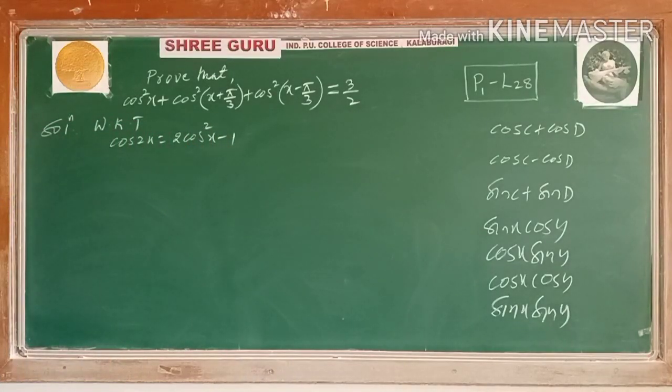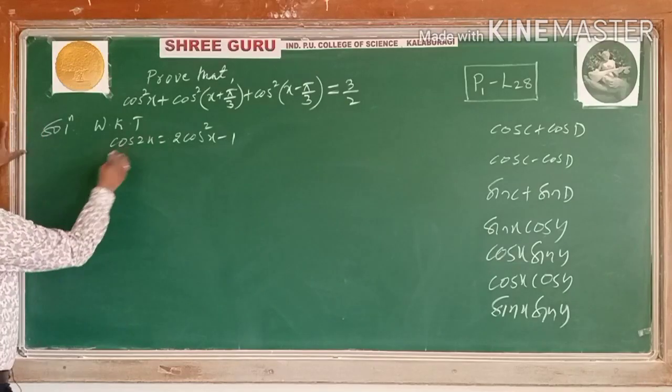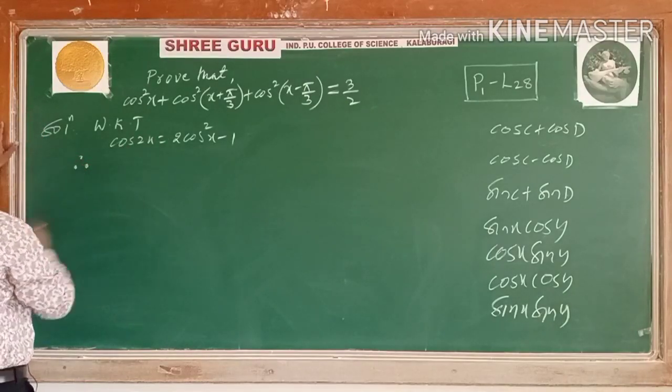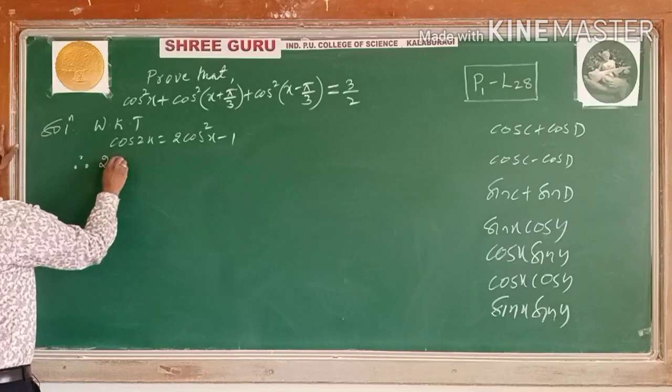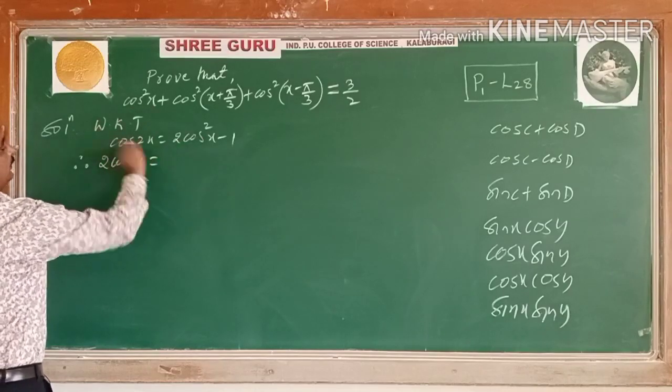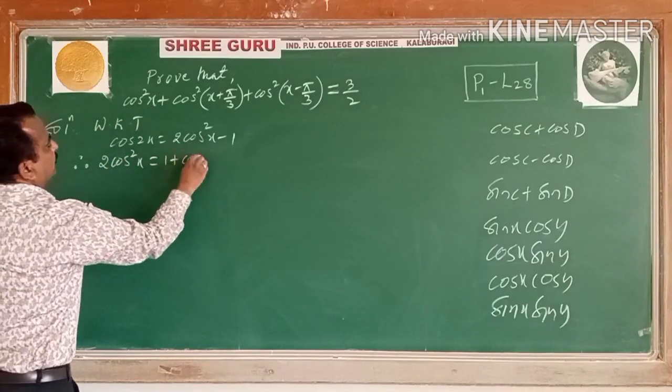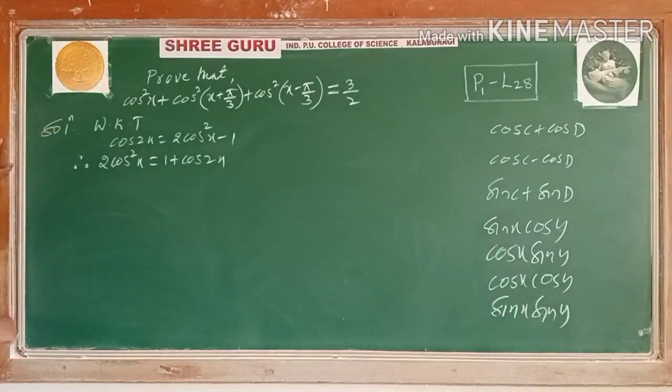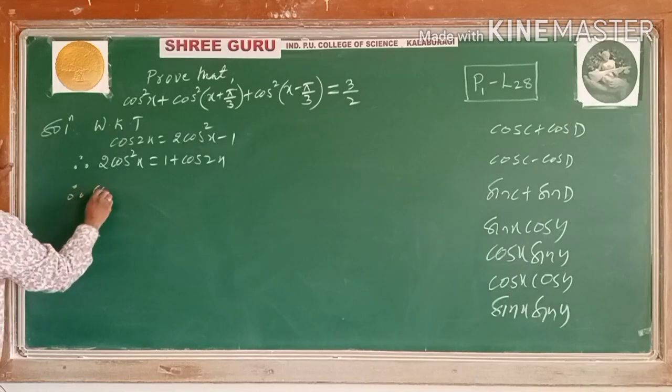Yes, cos square x is what you want. Therefore, reducing this formula in terms of cos square x: 2 cos square x equals cos 2x plus 1, taking the minus 1 to this side, it becomes 1 plus cos 2x. So 2 cos square x is equal to 1 plus cos 2x. What do you want? Cos square x.